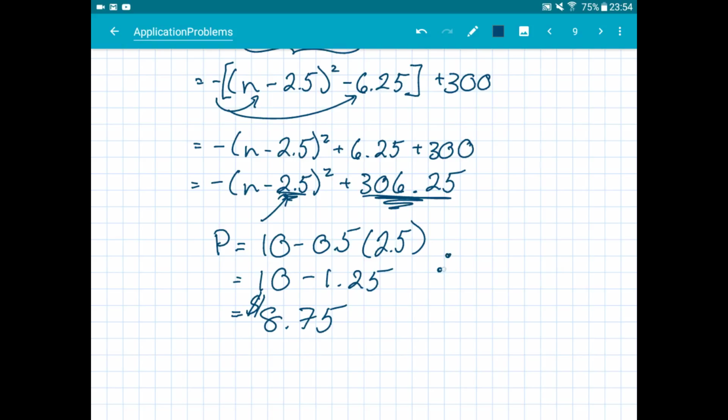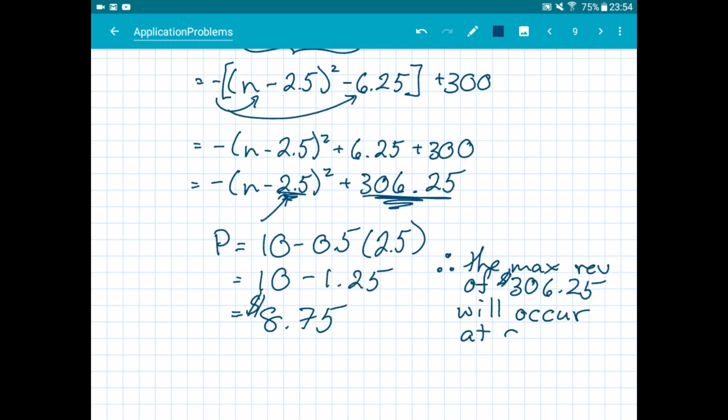Therefore, the maximum revenue of $306.25 will occur at a price of $8.75. That's all there is to that.